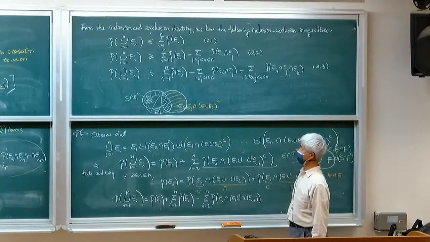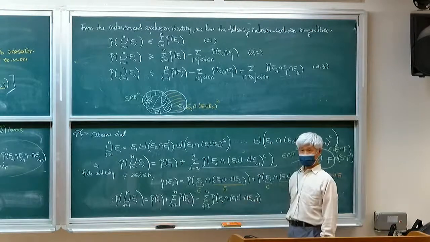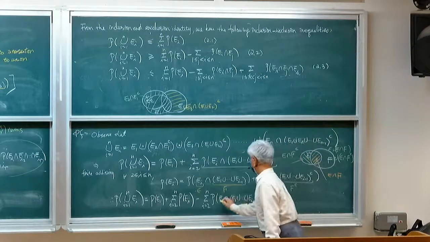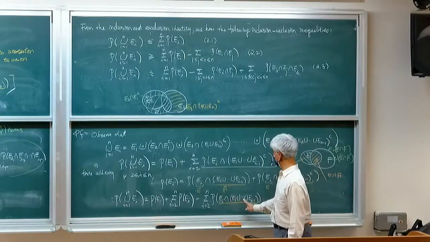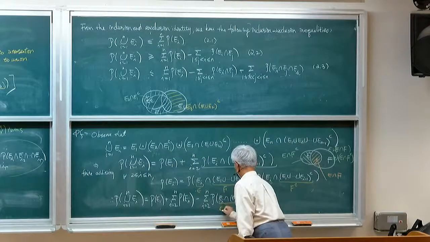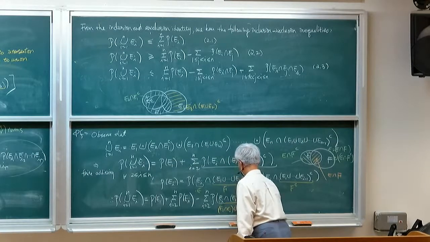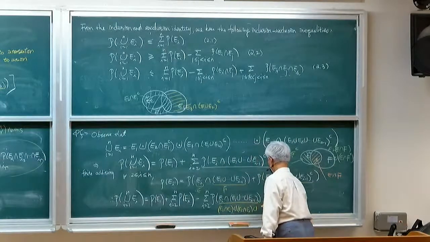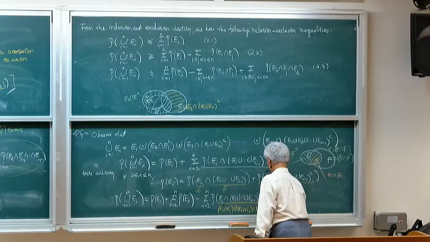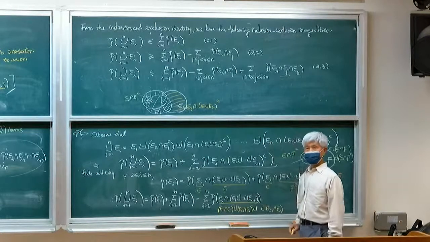But again, by the distributive law of intersection over union, this is E1 intersect Ei union E2 intersect Ei union up to Ei minus 1 intersect Ei.